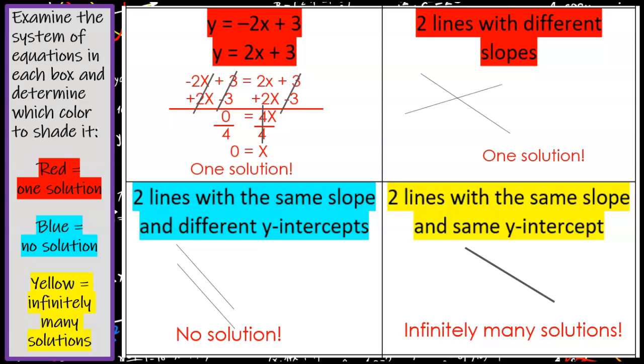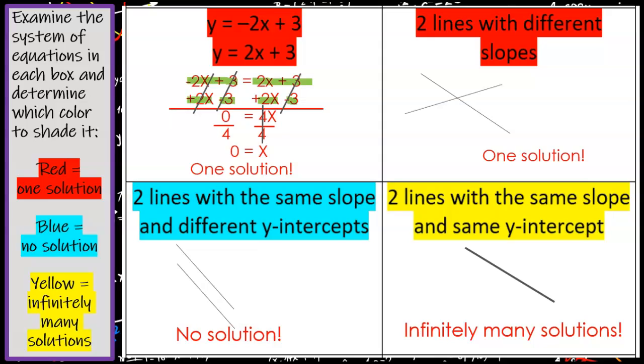So negative 2x plus 3, we're going to set that equal to 2x plus 3. Let's start by adding 2x on both sides. So when we do that, we're left with 3 is equal to 4x plus 3. So let's subtract 3 on both sides as well, combining all those like terms. So 3 minus 3 is 0.